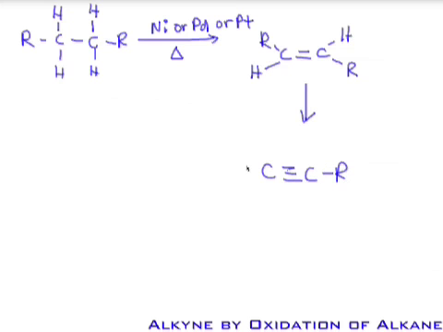So if you keep the process going, it's really hard to stop it at the alkene. You can get alkynes in the reaction in the presence of catalysts. These catalysts, remember, act like sponges, and in the absence of hydrogen, they'll scavenge hydrogen off molecules. In the presence of hydrogen, they'd actually deliver it for reactions.